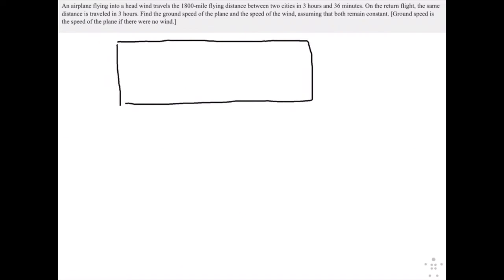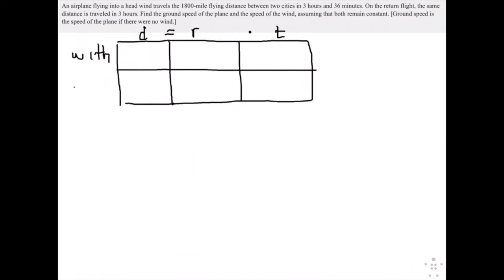On the top of the table, we're going to write distance equals rate times time. And the rows, one of them is going to be with the wind, and the other is going to be against the wind. So now we just fill in this table from the word problem.